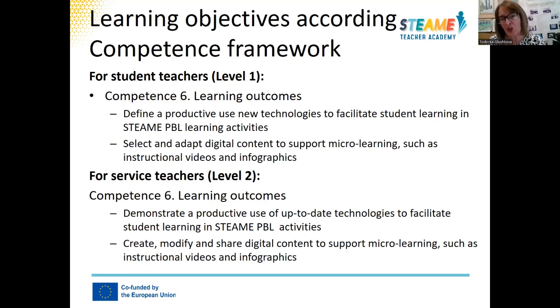For the in-service teachers at level 2, this competence has learning outcomes such as demonstrate productive use of new technologies to facilitate students' learning in STEAM project-based learning activities. And the second is create, modify, and share digital content to support micro-learning, such as instructional videos and infographics.